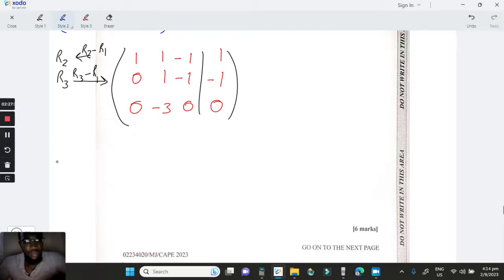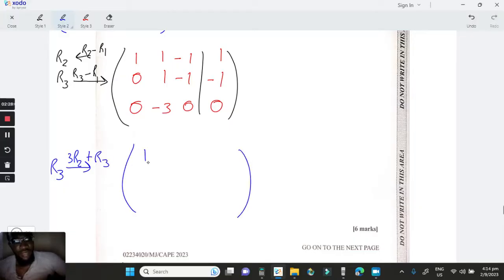So now, we need a 0 here, so 3 times 1 is 3. Then I add them. So if I do that, I can say my new row 3 is going to be 3 row 2 plus row 3.